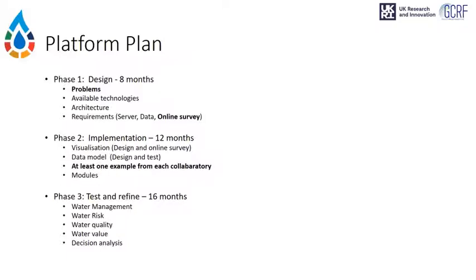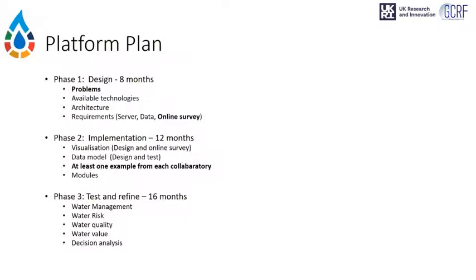The platform plan is divided into 3 phases. The first phase is almost done, and there might be some delay in it due to COVID and the cyber incidents that happened in the university. It is to find the problems, available technology, architecture, requirements, what data we're going to use, what server we're going to use, and we select the technology.